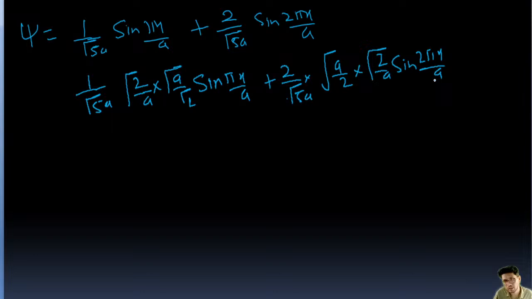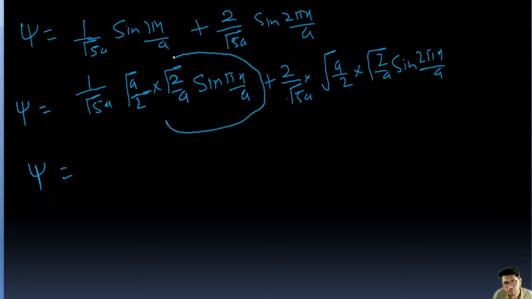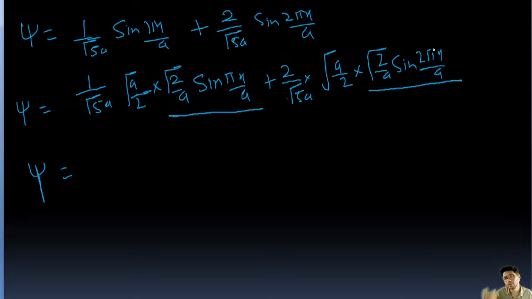Here we can do it like this, a upon 2 and 2 upon a. So we can make this value psi 1 and this value psi 2, for the 1D infinite potential box of width a.